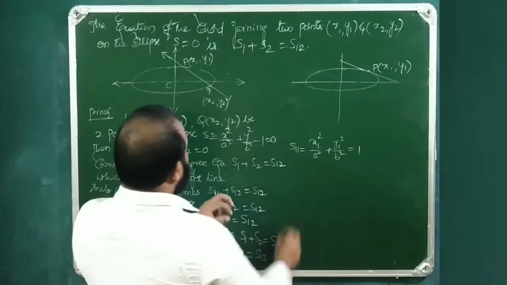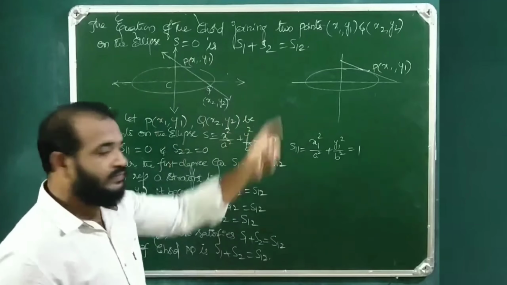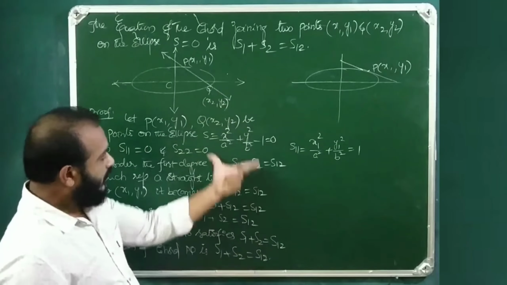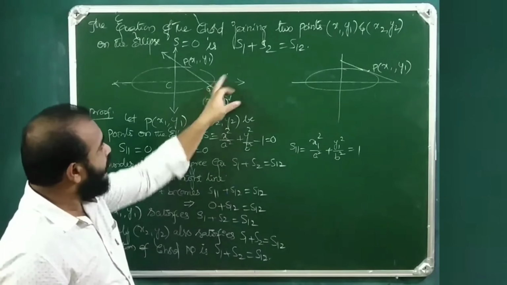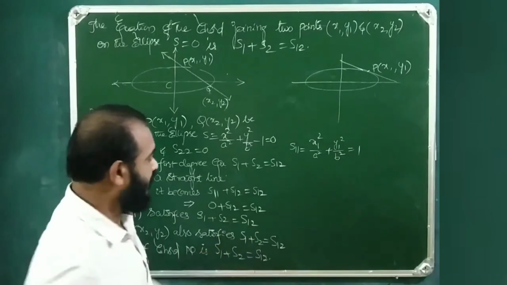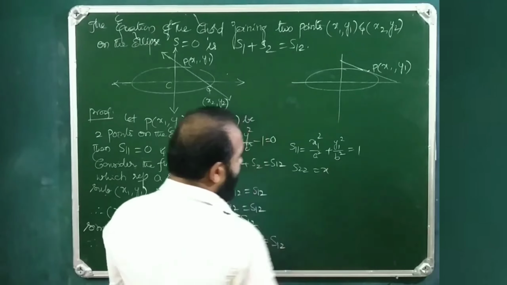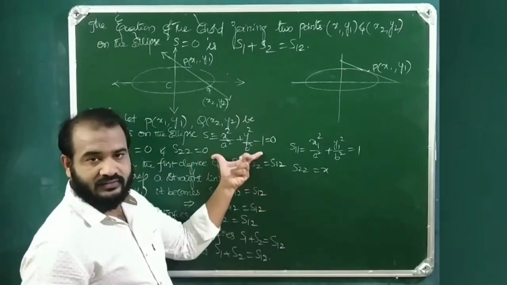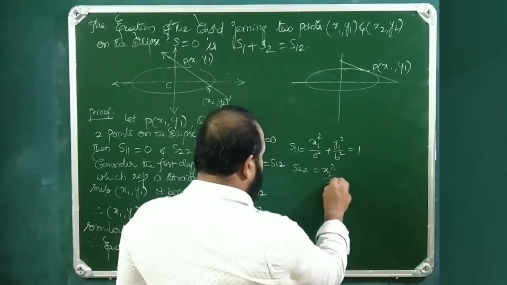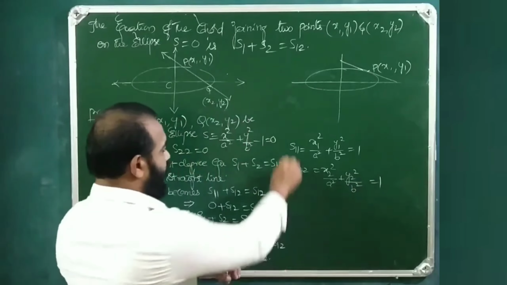And since Q, x2 y2, is also a point on this ellipse, again substitute x2 y2 in this ellipse, because this point lies on the ellipse. So S22 is simply substituting x2 y2 in this: x2 square by a square plus y2 square by b square equals to 1.